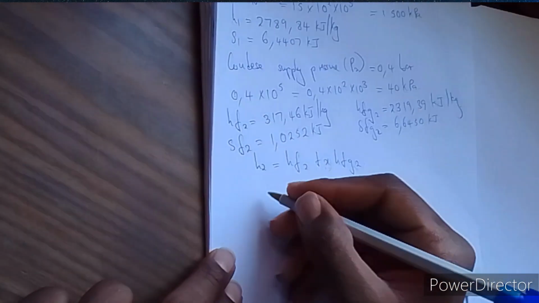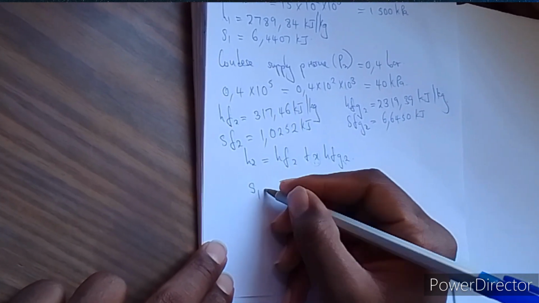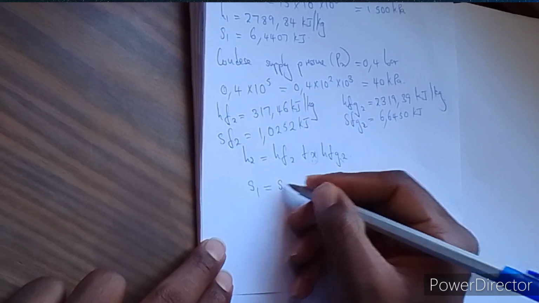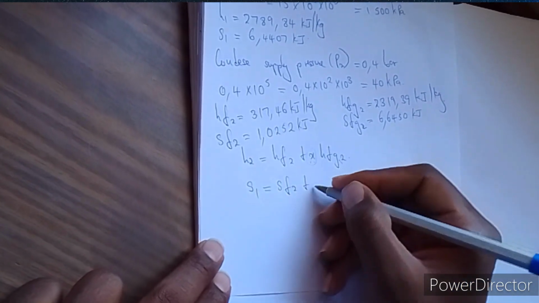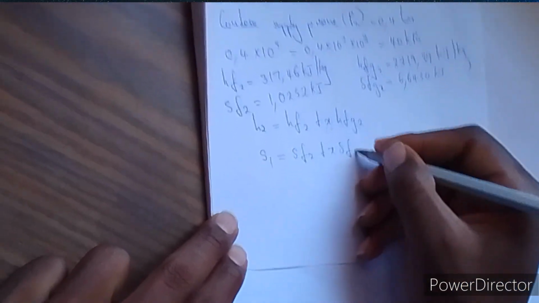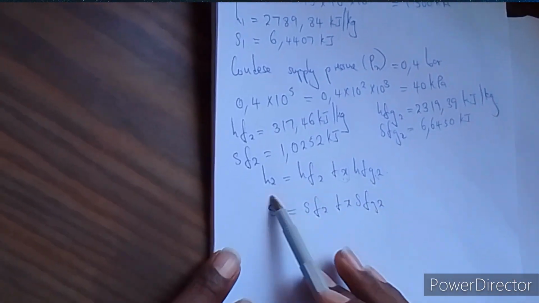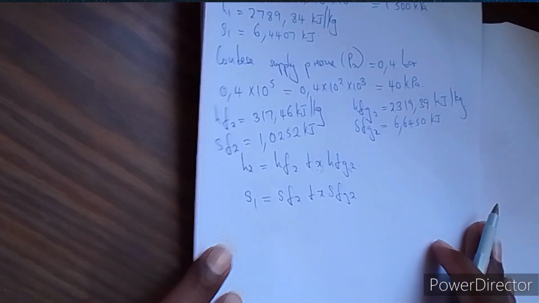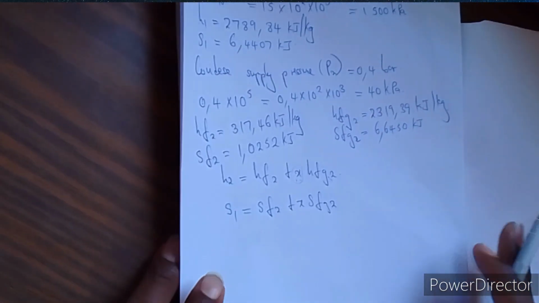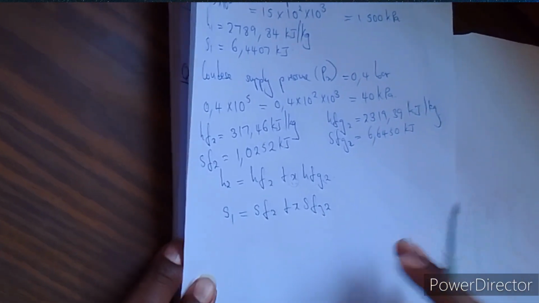So for you to find X, you have to write the formula S1 is equal to SF2 plus X SFG2. Meaning to say, you have to have this formula in your head, because you are not going to be given the formula book.